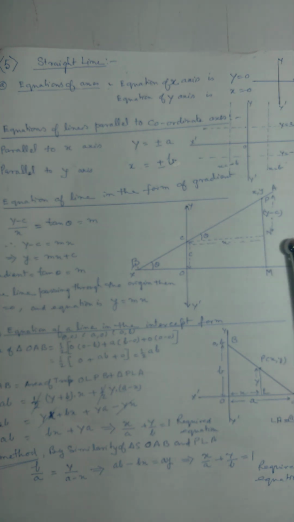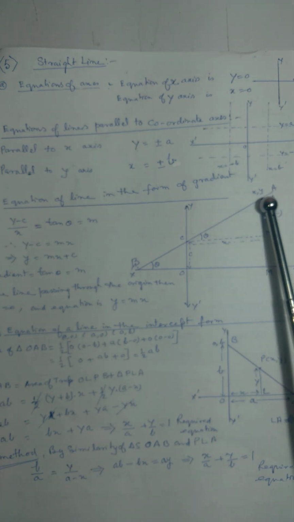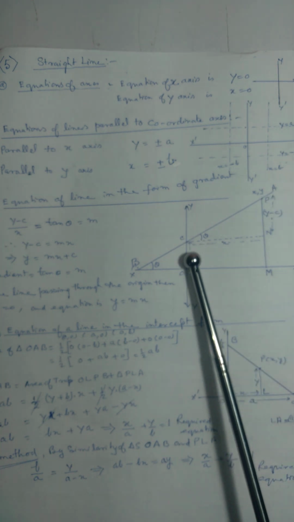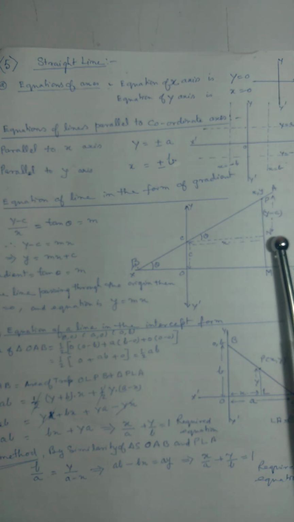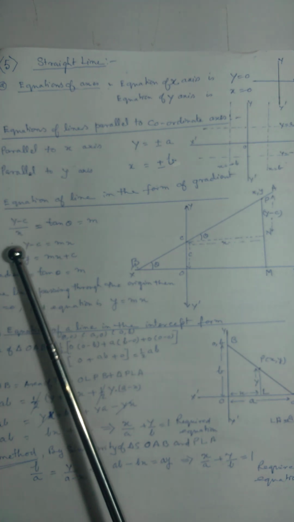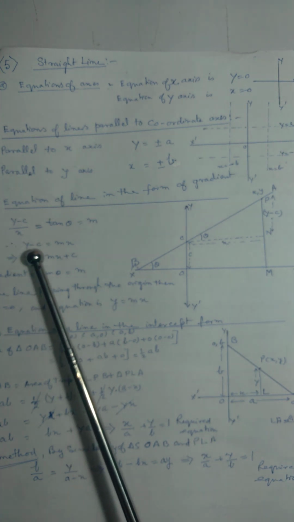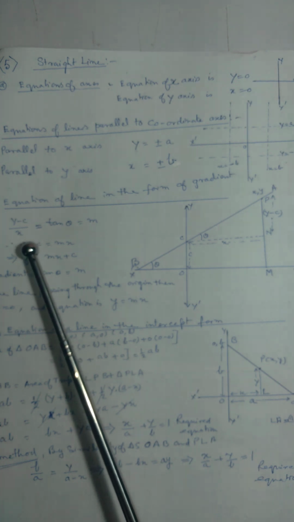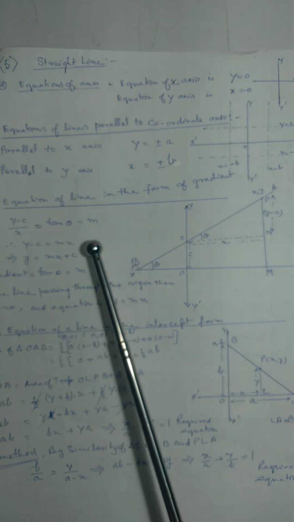So PN will be equal to y minus c. You see, y is from this point to this point and this is c. So just subtract c. So I have written here y minus c. Now proceed here, y minus c by x, that will give you tangent theta, that is equal to m.